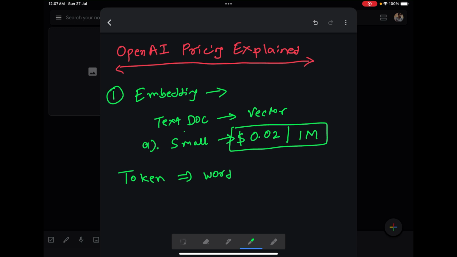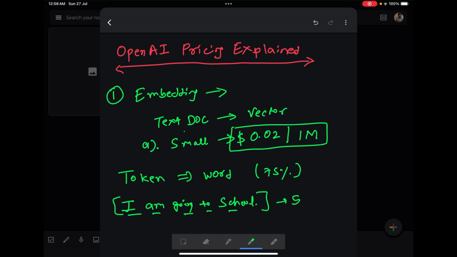Although it's not exactly that, they give you a formula of 75%. What it means is, if I have a sentence like this: I am going to school. Suppose I want to create an embedding, that is a vector representation, of this document. There are 1 2 3 4 5 words, but will there be 5 tokens as well for this document?